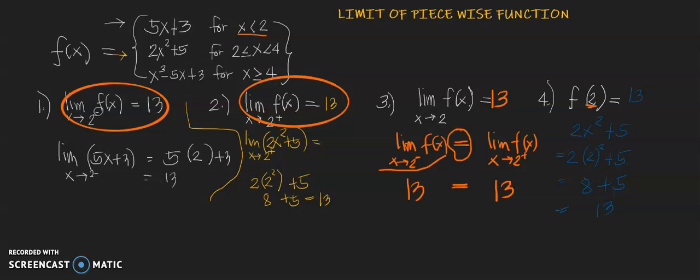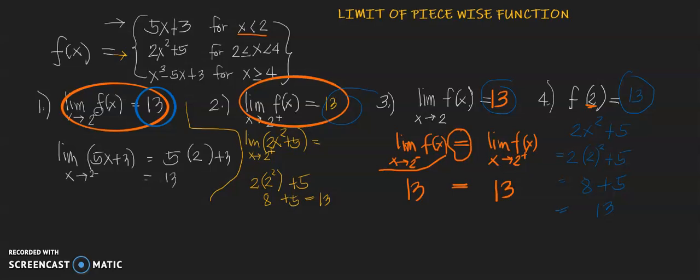I don't know if you observed that all the answers are 13. Not all the time will you get 13; it depends on the question. For example, I'm going to give you some problems to practice.